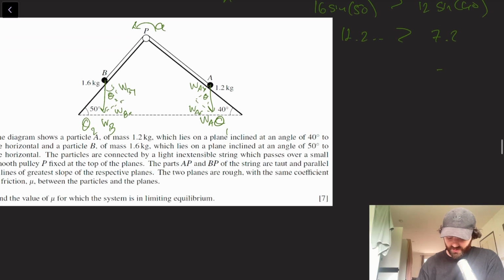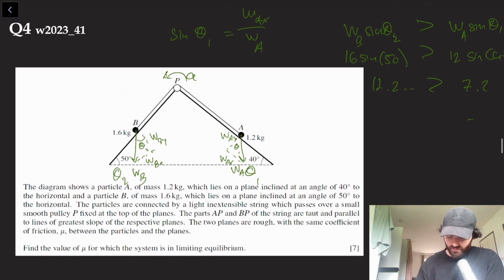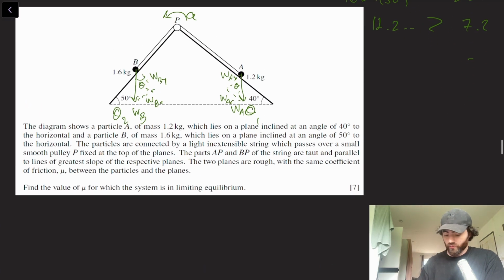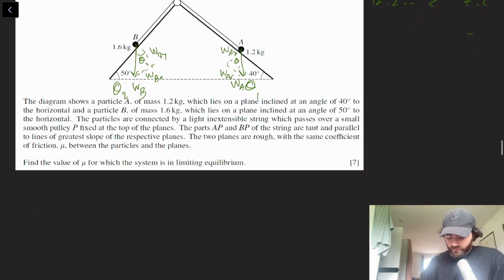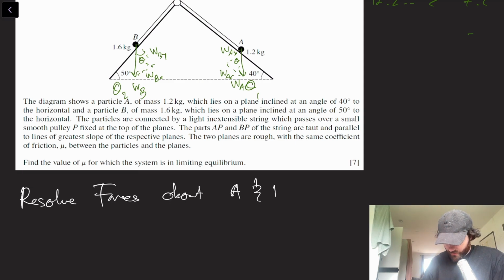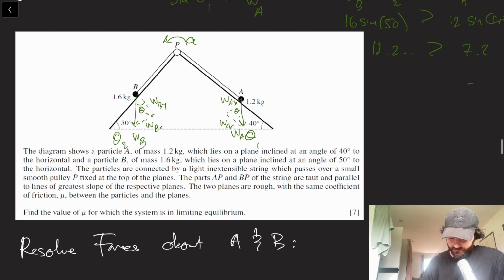Okay, so now all we need to do is resolve the forces about each mass, A and B, and we'll get an equation for mu. If it's moving down this way, that means the frictional force of B, we'll call it F mu B, is acting up.